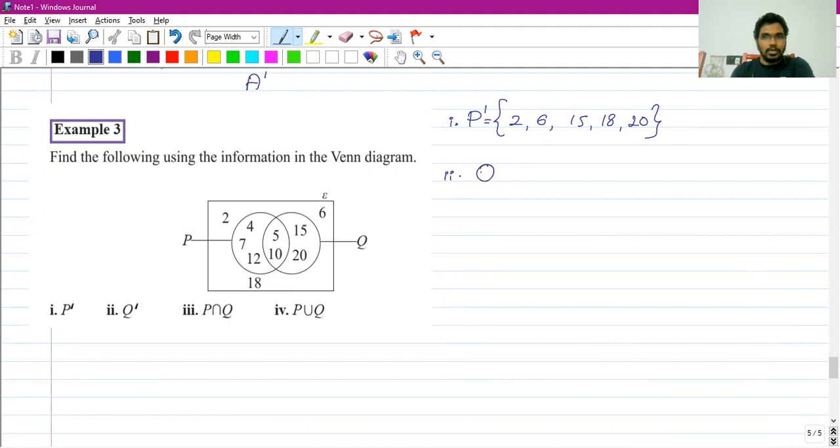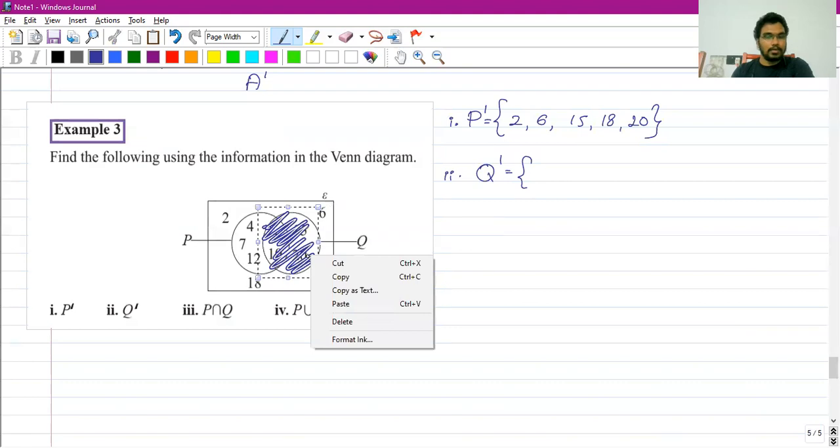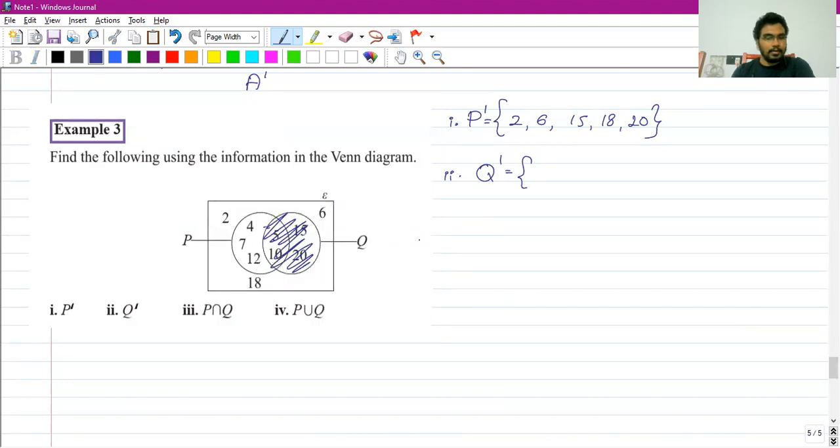Question number 2. Q dash or the complement of Q. So Q means this subset Q, and Q dash means the complement of this Q, or the elements that do not belong to this Q. So that means you can take 2, 4, 6, 7, 12 and 18.